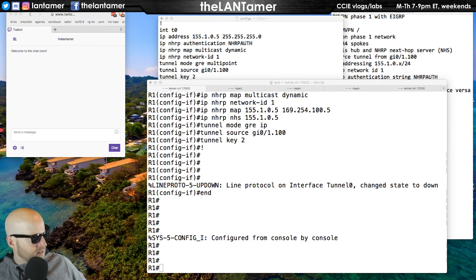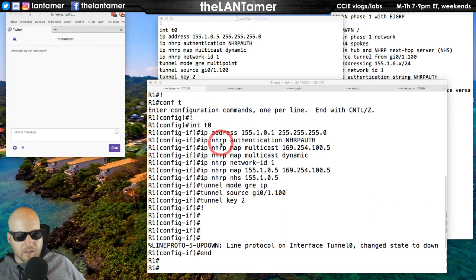We have, okay, IP address 15101, yes. IP NHRP authentication. IP NHRP map multicast. IP NHRP map multicast dynamic.